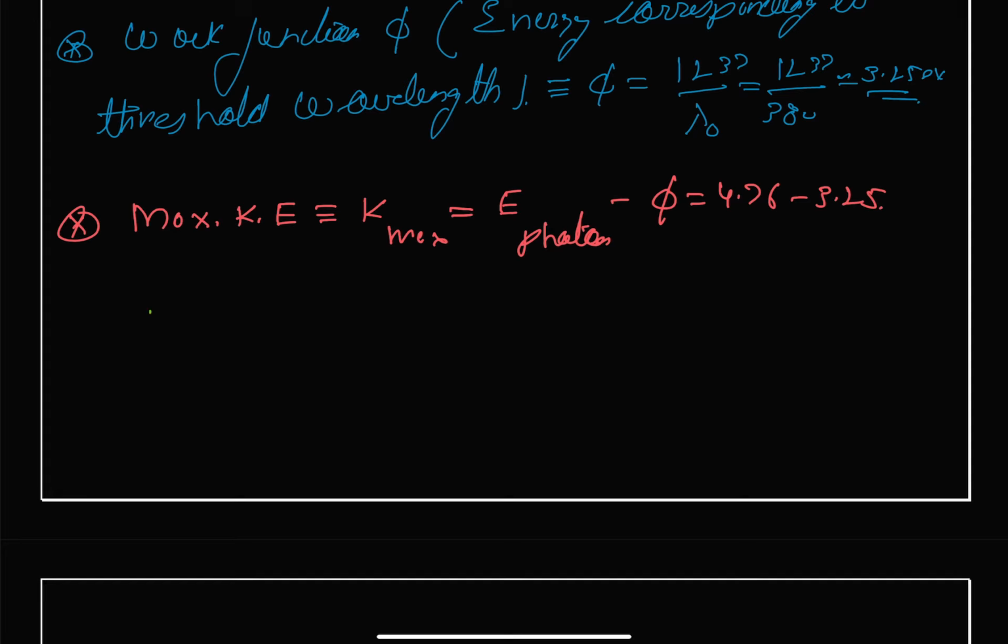Therefore we get K max equal to 1.51 electron volt. 1.51, option C is correct. Correct.